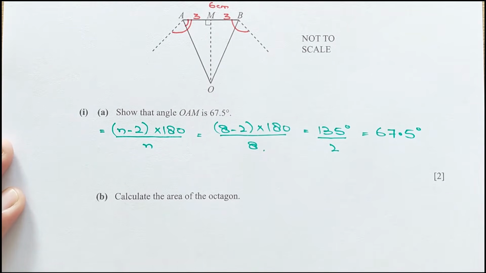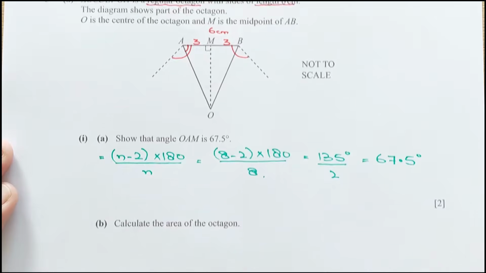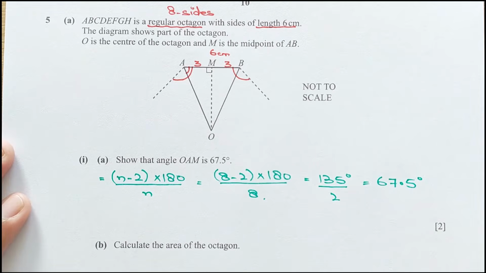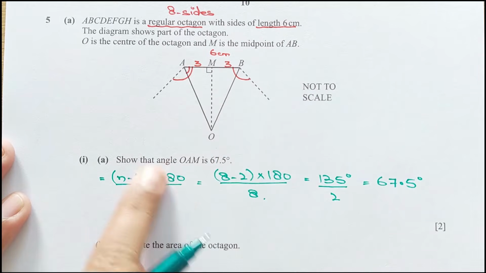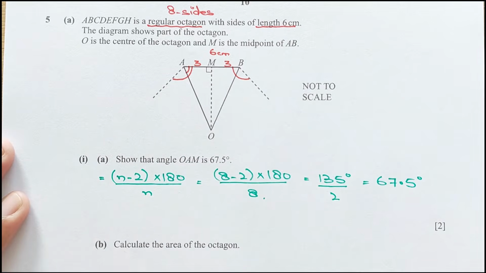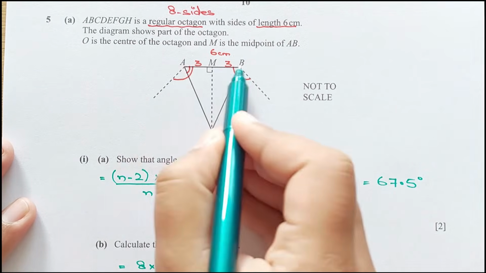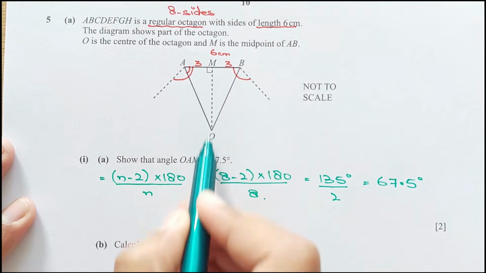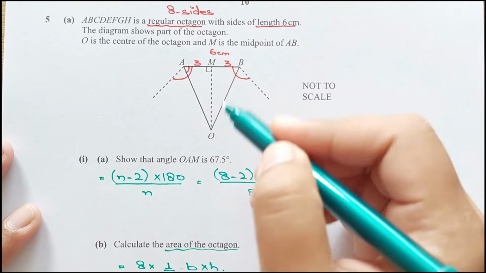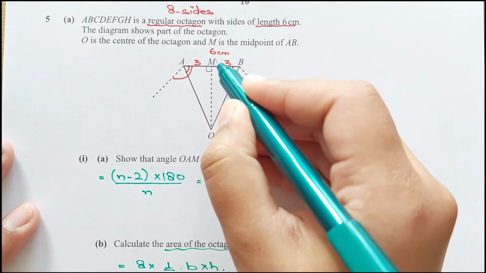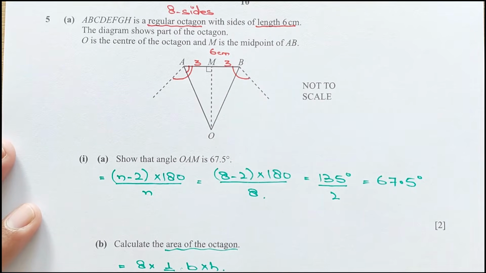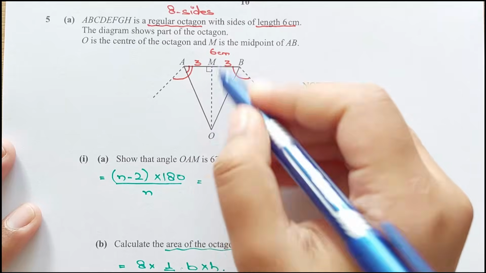Now for part B, calculate the area of the octagon. As you can see, the octagon has 8 sides, so it is composed of 8 of these triangles, right? So the area of the octagon is equal to 8 times the area of a triangle, that is half base times height. The base is 6, and we have to find the height. OM is the height in this case. If I consider this triangle OAM, this is a right angle triangle, so we can use SOHCAHTOA to find OM, the height.